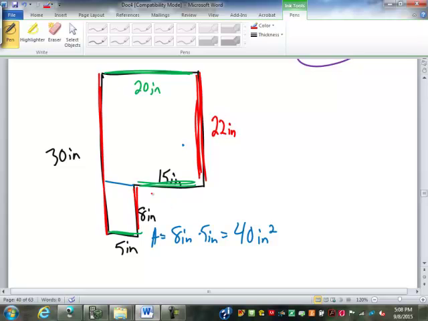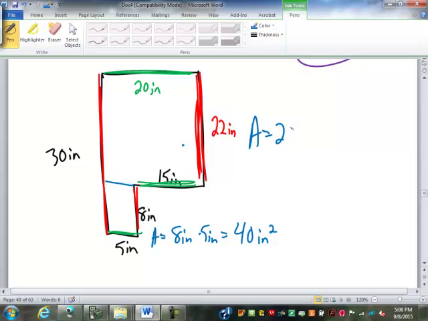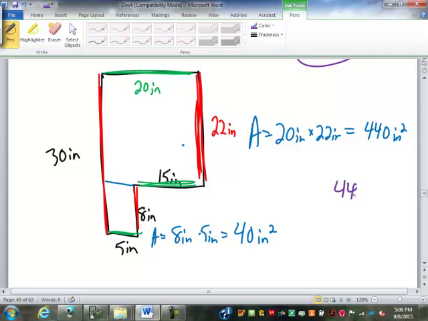So 22 plus 8 makes 30. So this piece here has to be 20 inches by 22 inches, or 440 inches squared. So then we combine 440 inches squared plus 40 inches squared is 480 inches squared.